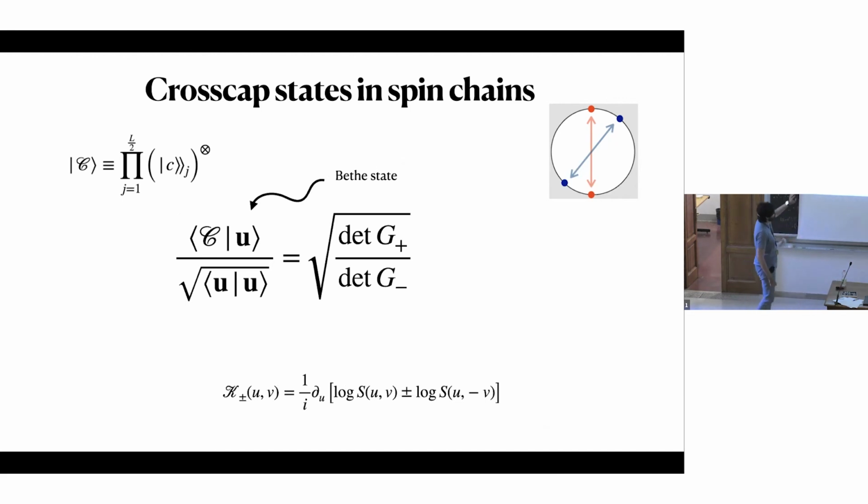But here, the moment you do this antipodal identification, it's not that you can take two sides very far apart because of the identification. It comes back, so this is intrinsically finite volume in the spin chain.